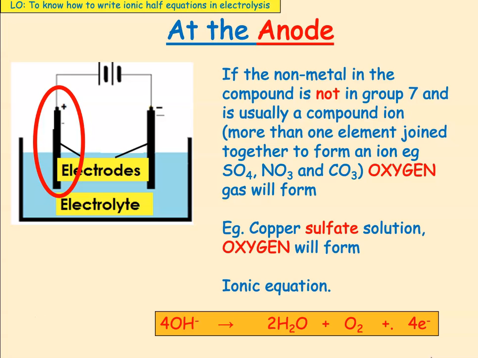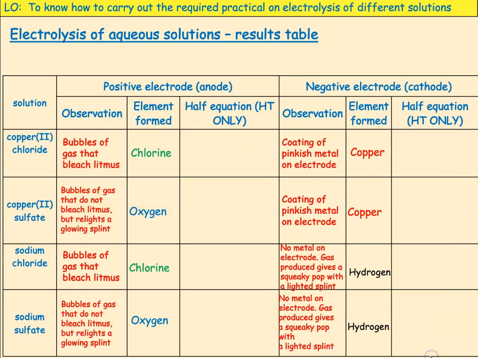There's nothing we can do to help you remember that; we just need to learn it off by heart. Okay, so we've done predicting what we're going to be making. Now we need to write the balanced half equations. Remembering what we've done in the previous 2 slides, I want you to pause the video now and attempt the half equations.